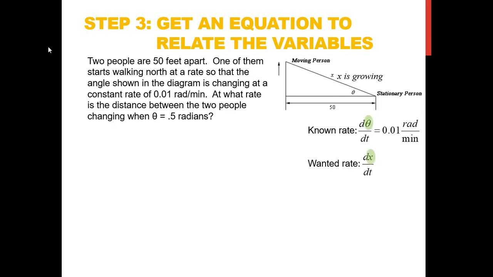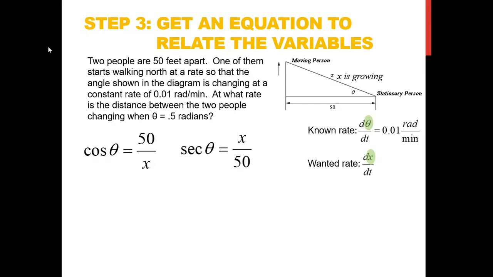Turns out you've got a couple of options here. One thing you could do is use the cosine ratio and say the cosine of theta is equal to 50 over x. That's an equation that relates the two variables theta and x. But another person might observe that the reciprocal of cosine is the secant, and the secant of theta is equal to x over 50, the reciprocal of the right-hand side we had before.